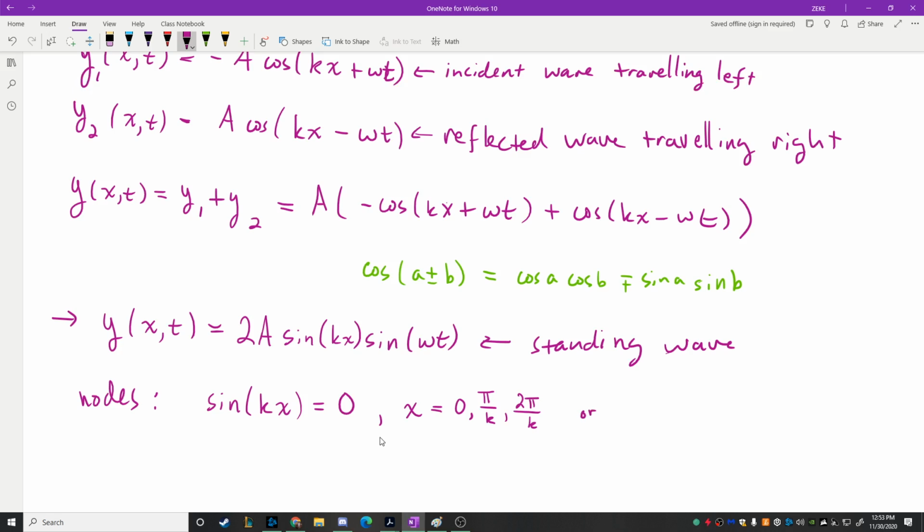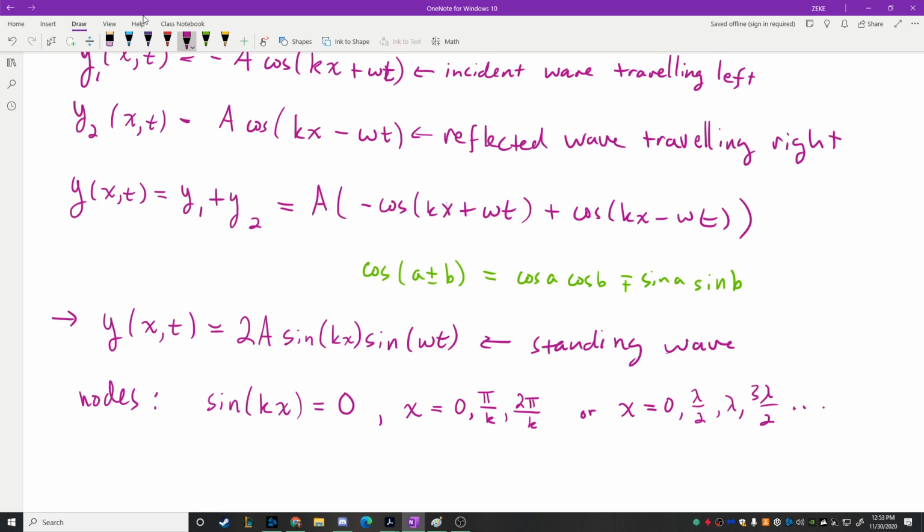Or, since k is equal to 2 pi divided by the wavelength, these occur at values of x equal to... so you plug in 2 pi over lambda in here, so you're going to get 0, lambda over 2, lambda, 3 lambda over 2. Right? Okay.